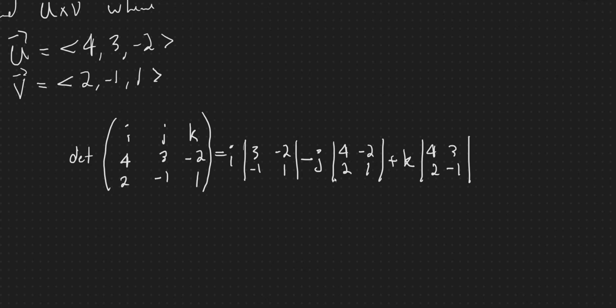And then we just have to compute determinants of 2x2s. So this is going to be 3 times 1 minus -2 times -1. Well, -2 times -1 is a positive 2, so that's 3 minus 2, that's 1. So this is just i. For j, I have 4 times 1, that's 4, minus -4, so that's 8, and this is a negative, so that's minus 8j.